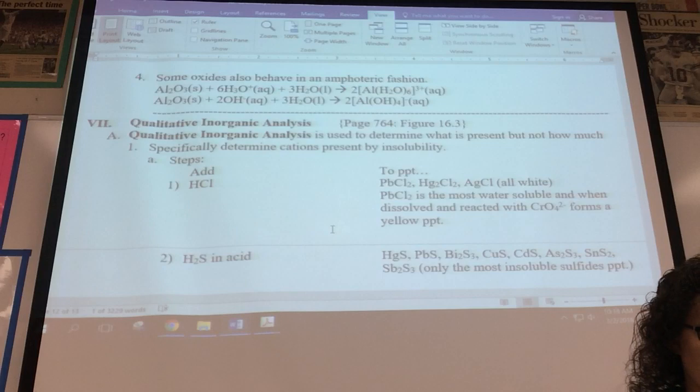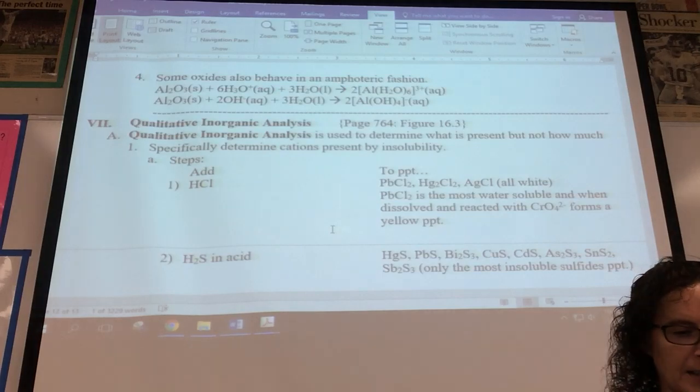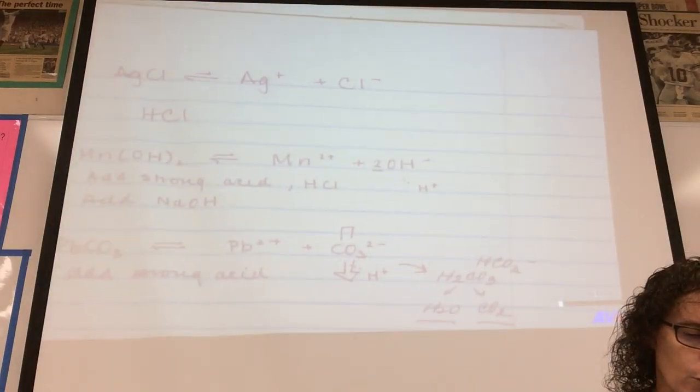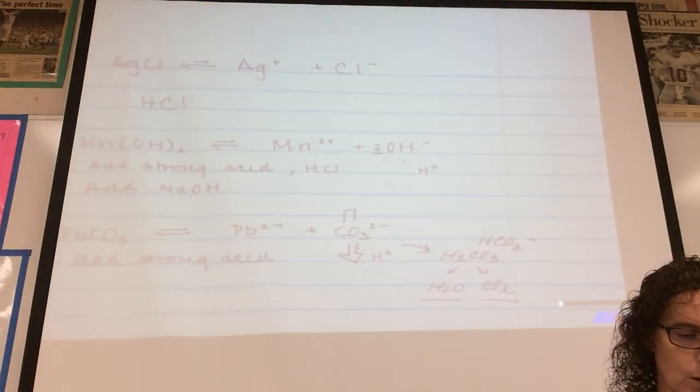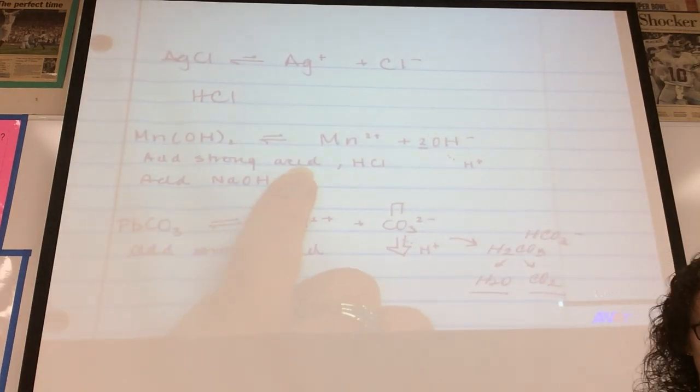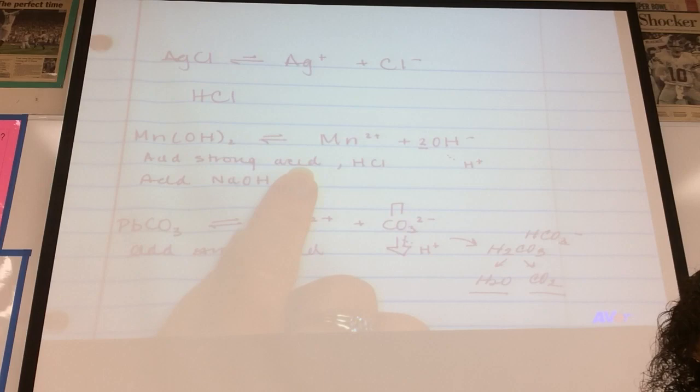I want to say one more thing because I didn't link it in and I can do it right here. For example, with this one, we were adding strong acid. Why would decreasing the pH also increase molar solubility?